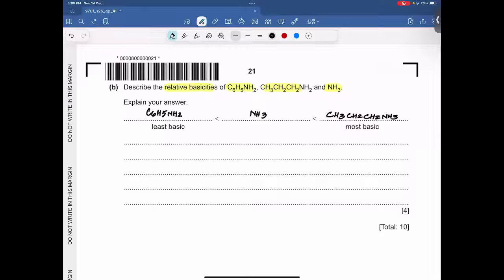So phenylamine में क्या होता है? It has 4 marks, so we need to give 3 points for the explanation.